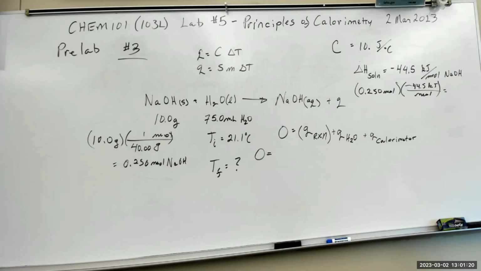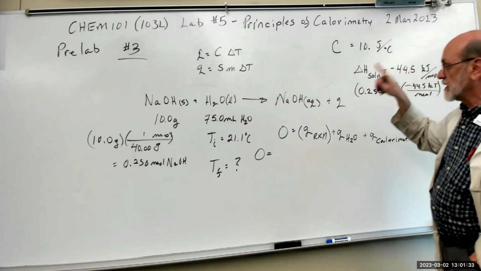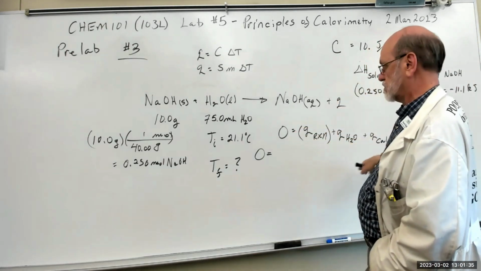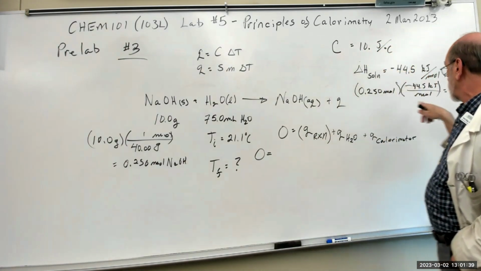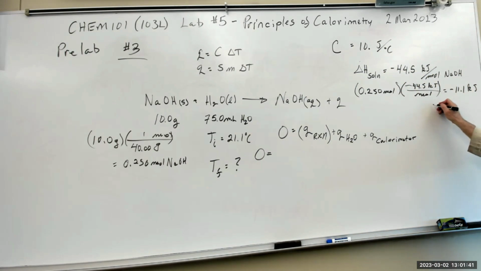Let's see if I've got it in here. Yep. It's minus 11.1 kilojoules, right? But these other terms are in joules. So we need to convert this to joules. Right, so how do you go from kilojoules to joules? Simplest way is to say, what does that mean?